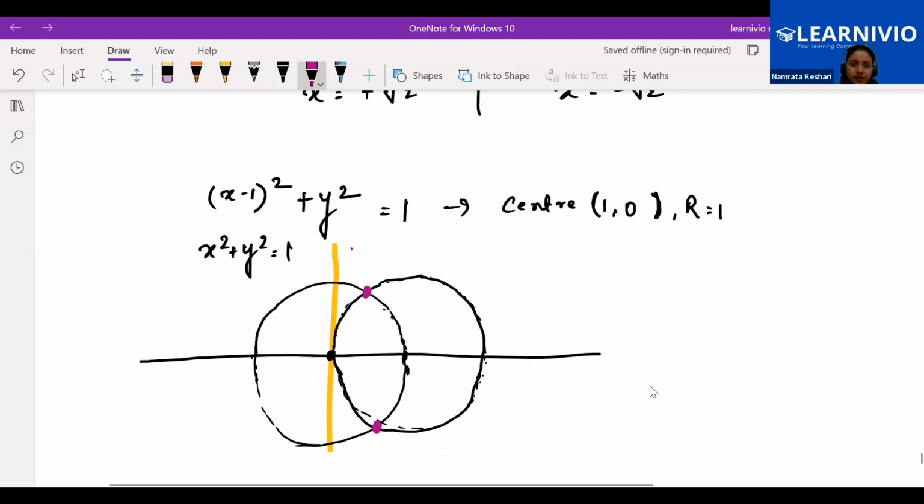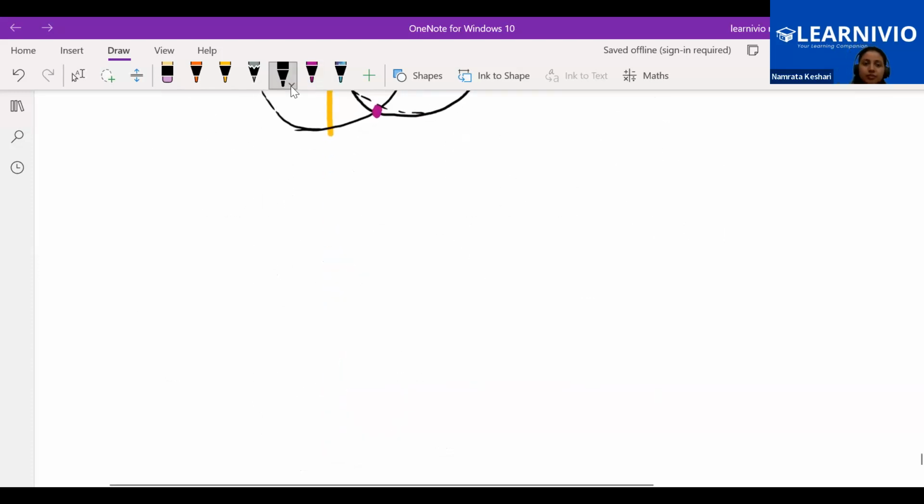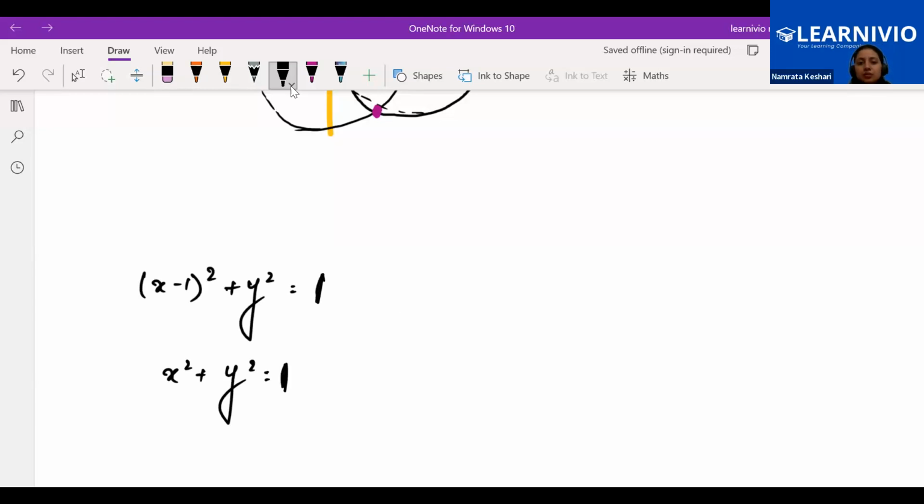Okay, let's see. We are having x minus 1 whole square plus y square is equal to 1, and x square plus y square is equal to 1. There are so many ways, but since this is also 1 and this is also 1, I'm going to compare both. So x minus 1 whole square plus y square equals x square plus y square.